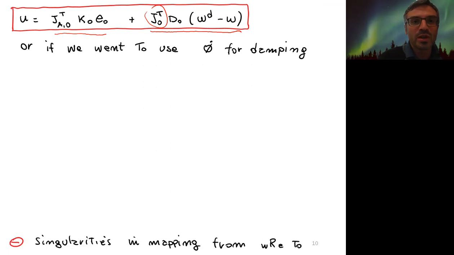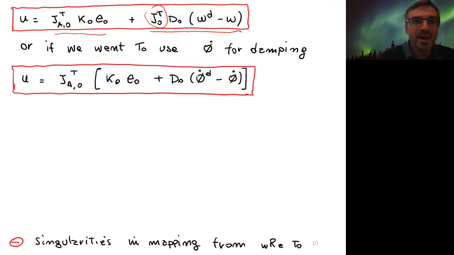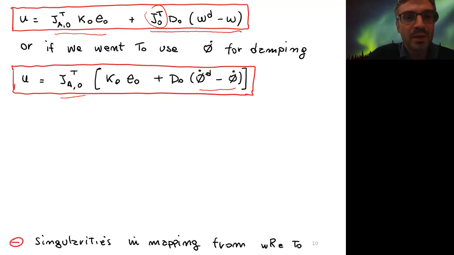If we want to use the Euler rates for the damping part, then we use in both cases the analytic Jacobian, and in this case we compute the error in the Euler rate from the actual Euler rate to the desired one. And what is the shortcoming of this approach?